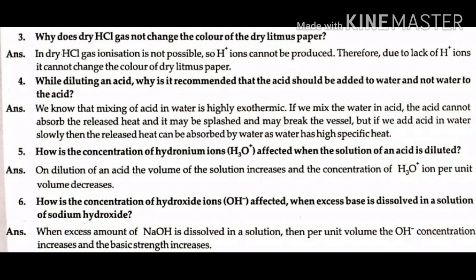How is the concentration of hydroxide ions affected when excess base is dissolved in a solution of sodium hydroxide? Answer. When excess sodium hydroxide is dissolved in a solution, then per unit volume the OH- ion concentration increases and the basic strength increases.